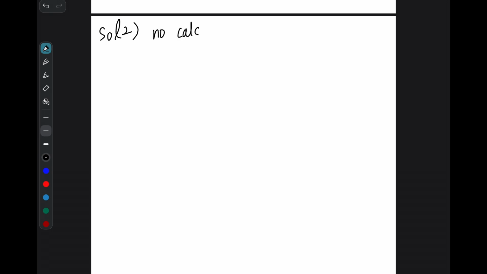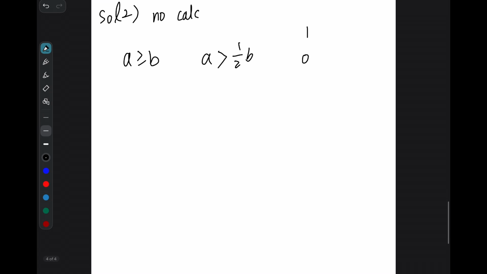So now, if there is a problem where A and B, A is bigger than or equal to B, and let's say that A is bigger than half of B, and they're also limited to 0 to 1, then how would you solve this question?